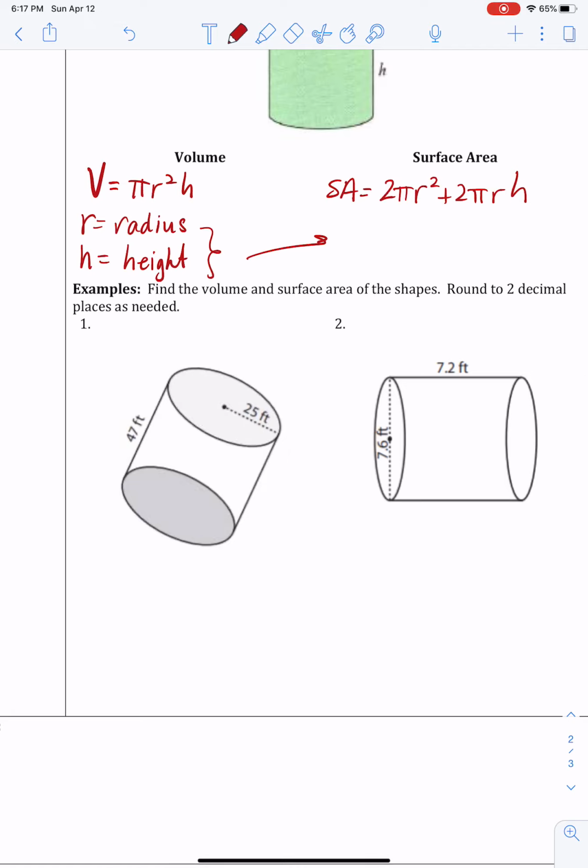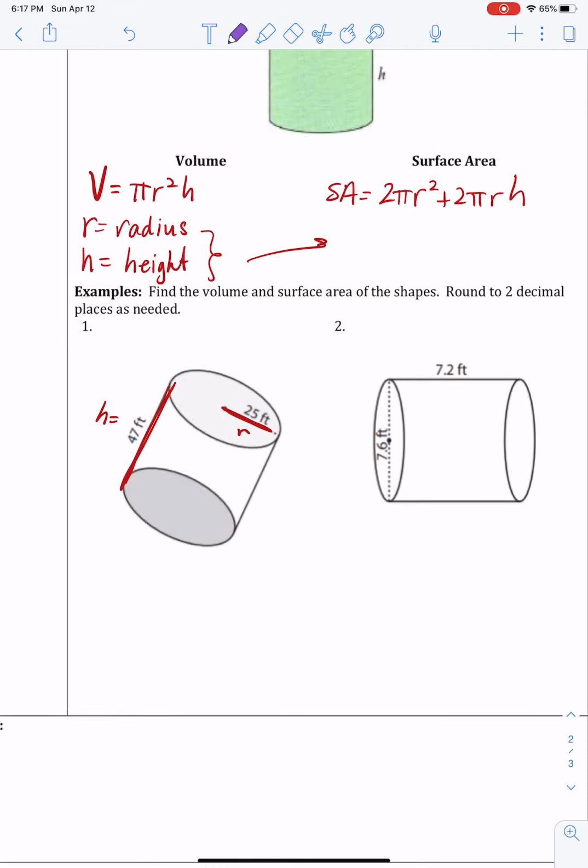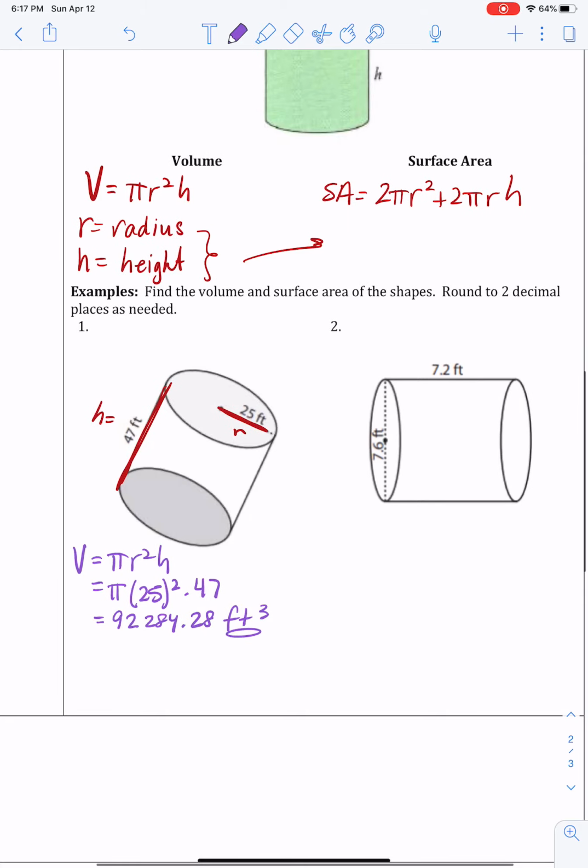So for the first one, this is my radius. I can see that that's the radius of the circle, and 47 is the height. So volume equals pi r squared h. That's pi times 25 squared times 47, which is 92,284.28 feet cubed. Don't forget that that needs to be cubed.